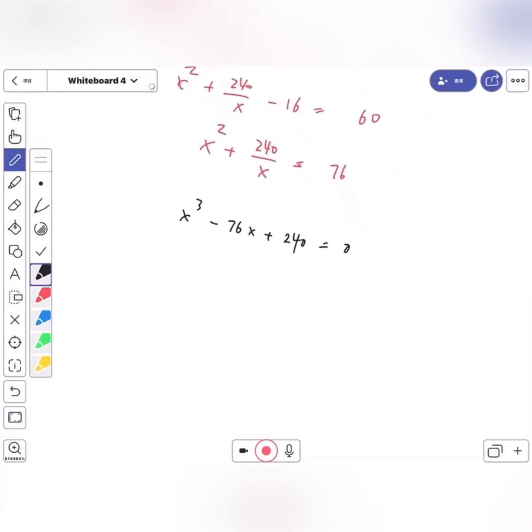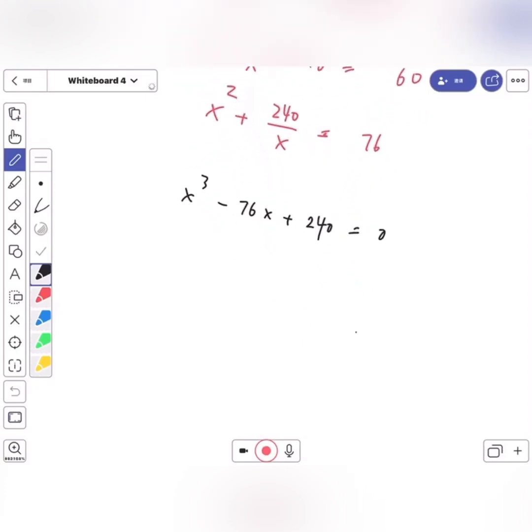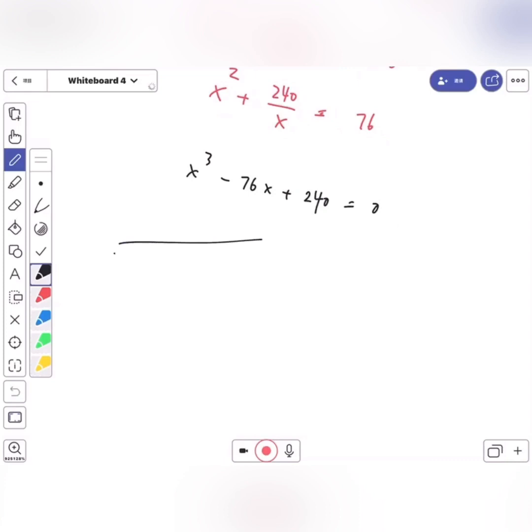So we see that since 4 is a solution, we can just do some long division. x minus 4, into x cubed, 0x squared minus 76x plus 240.